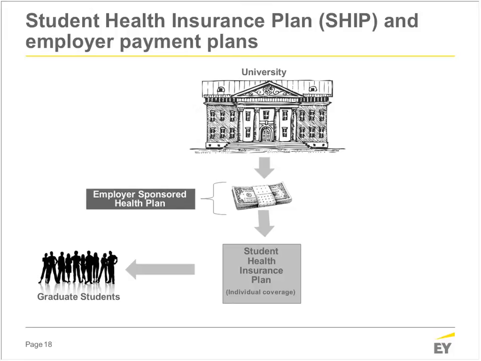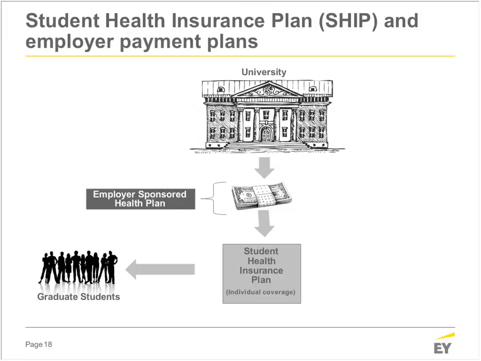Other institutions will only provide the subsidy if services are being provided. And then you also have some institutions that have treated the subsidy as a taxable benefit, whereas other institutions treat it as not being a taxable benefit. So the one theme here is that all institutions will need to consider what the relationship is, how they are providing that subsidy, and what they're going to do going forward to try and come into compliance.